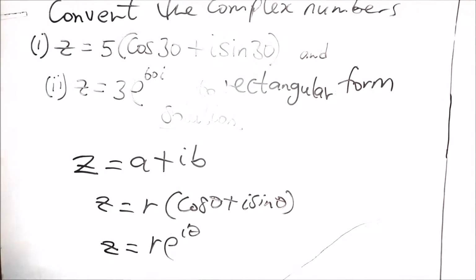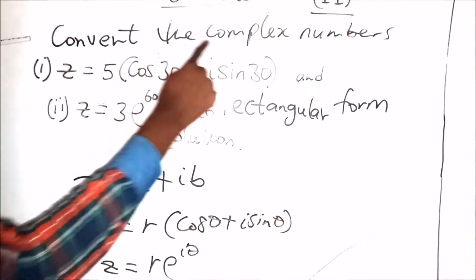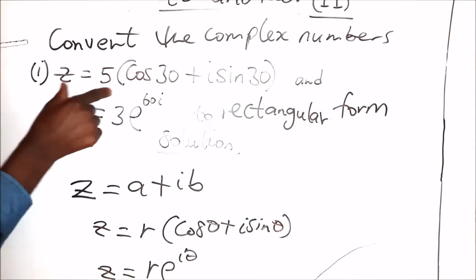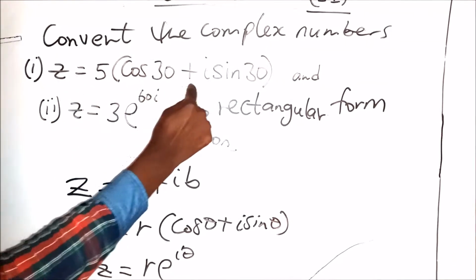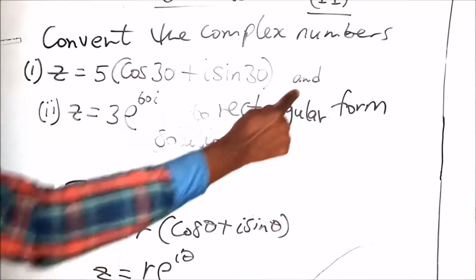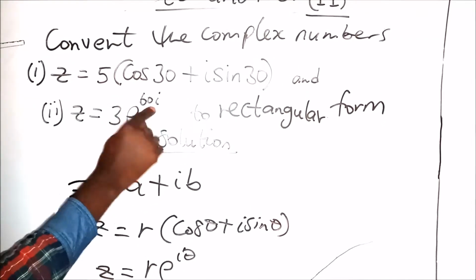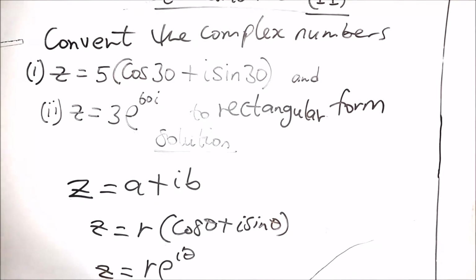Now, in the question, we say convert the complex numbers z equal to 5 brackets cos 30 plus i sin 30 and z equal to 3 exponential 60i to rectangular form.